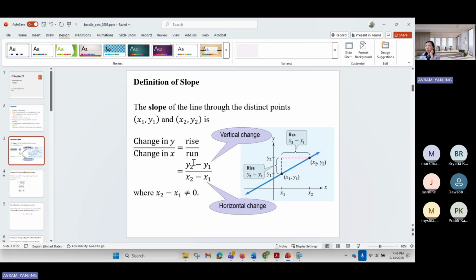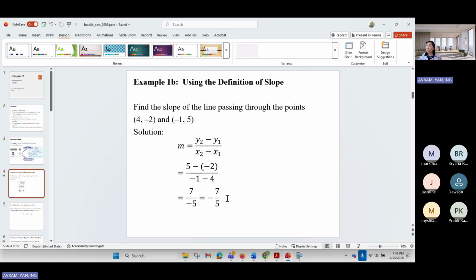Using the rise over run, or change, we can call it delta y over delta x, or y2 minus y1 over x2 minus x1, right? So that is the slope formula, okay? And given 2 points, you should be able to find the slope. So I usually say, mark this is x1, this is y1, this is x2, that's y2, right? You give it a little bit of mark and then plug it in.